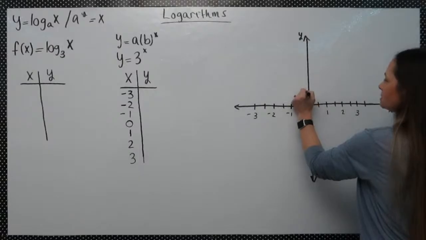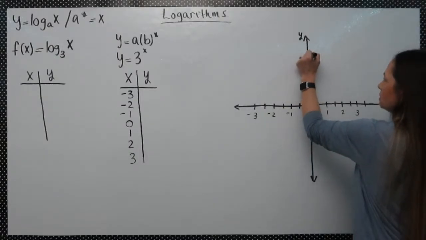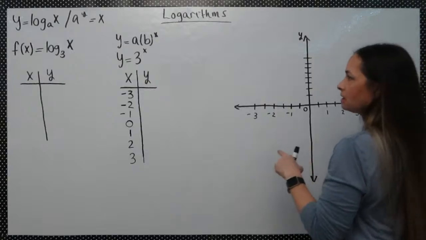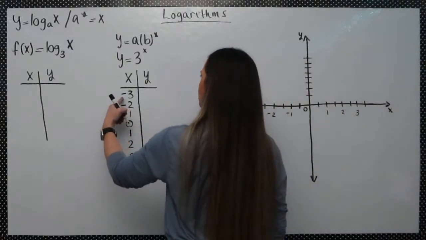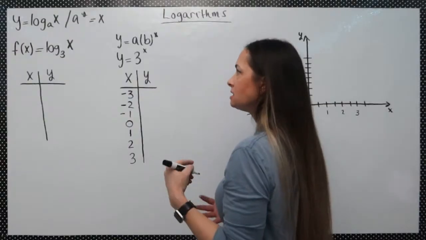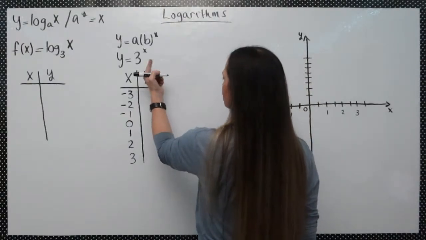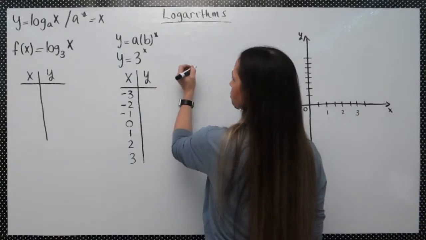So go ahead and put some values here for our range. And we're going to evaluate this function, starting with -3. Since we already did this yesterday, it's a similar process, but it's a different function.